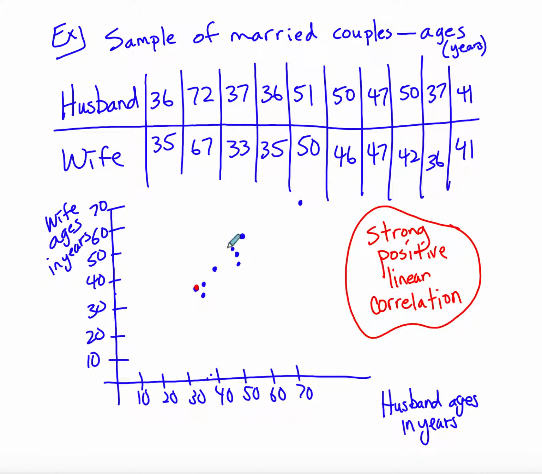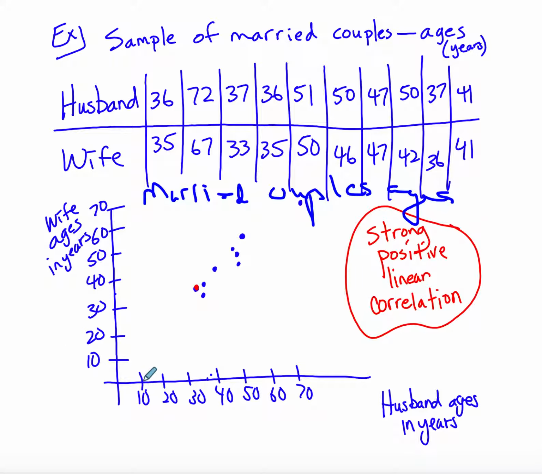It also would be good to put a title on this. So the title could be Married Couples Ages. Make sure you always have titles on all your graphs and you've labeled your axes.